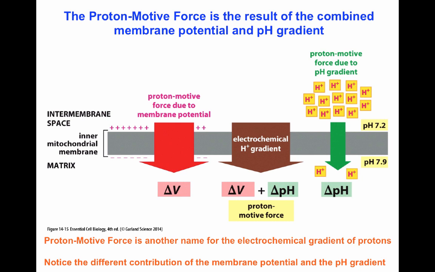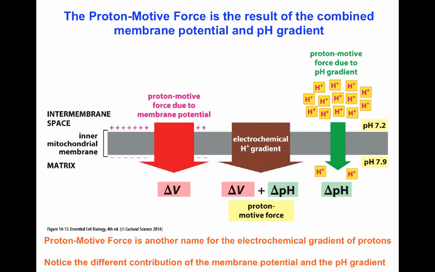On the far right, what you're now seeing is the proton gradient, or the pH gradient. The pH, as you know, is the concentration of protons, so you can look at the change of concentration of protons across the membrane. In the intermembrane space, we have a pH of about 7.2, and in the matrix, we have a more alkaline pH of 7.9. So it is a very modest concentration difference of protons across the membrane.